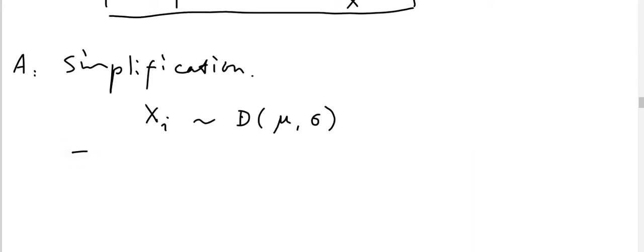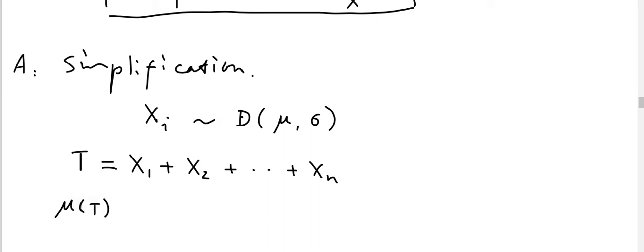Let's say T is the total result, X1 plus X2 plus up to Xn. So for T, the mean E[T] just equals n mu.